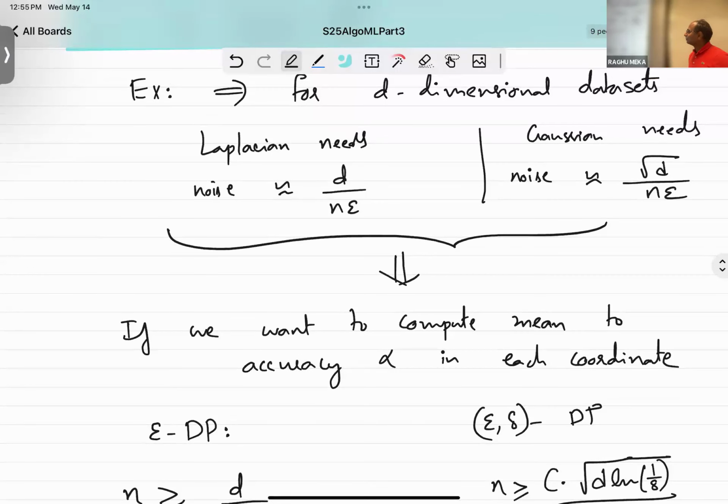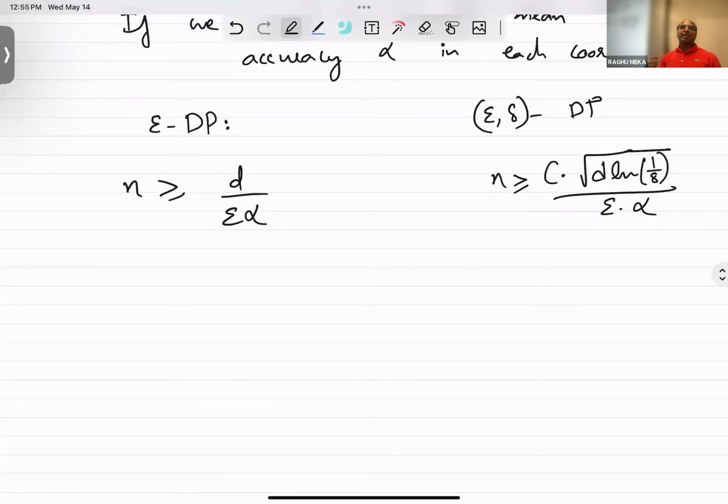Yeah. So I'm not working through this carefully, but basically to get privacy, we need to add noise where sigma is like square root d over n epsilon, right? And when you add this much noise, how much error are you adding in each coordinate? Roughly sigma. You have to do a union bound across the different coordinates. So if I add Gaussian noise with error sigma, then in each coordinate I'm changing the answer by about sigma.